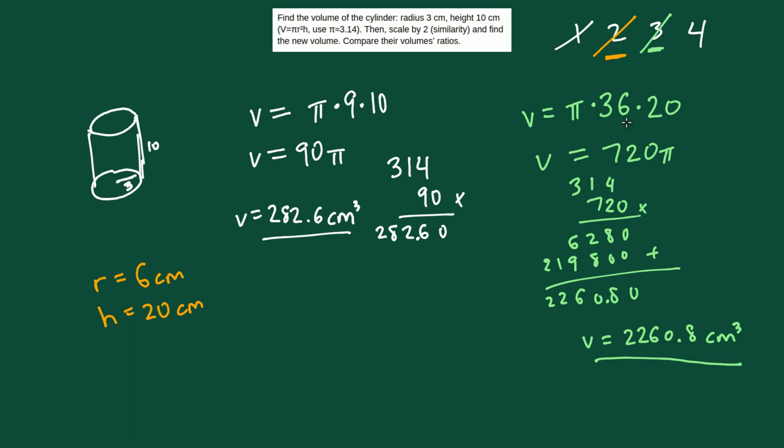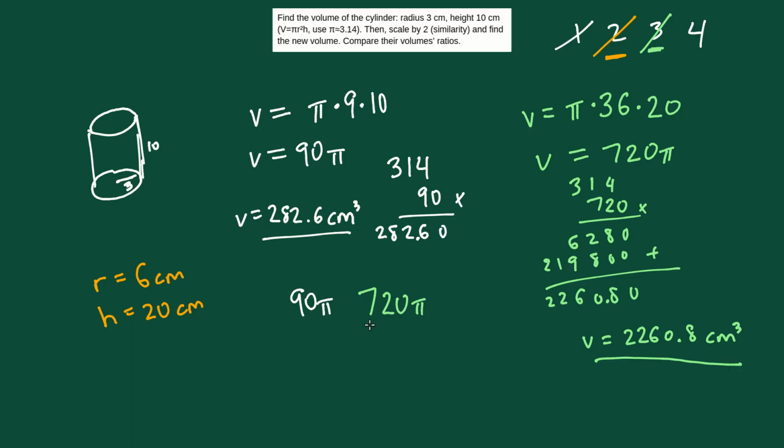And step 4, compare their volumes ratios. So the first volume was 282, and then the new volume was 2,260. So comparing these, we could divide this by this. But if we see the ratios right here, this might be easier for us to compare. Let's compare 90 pi versus 720 pi.